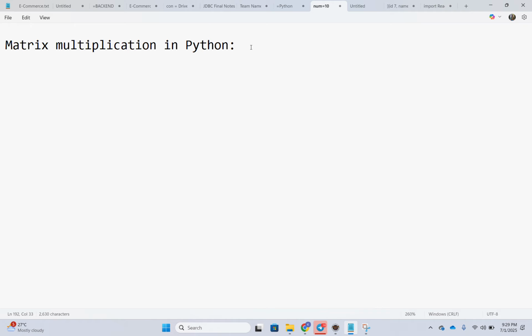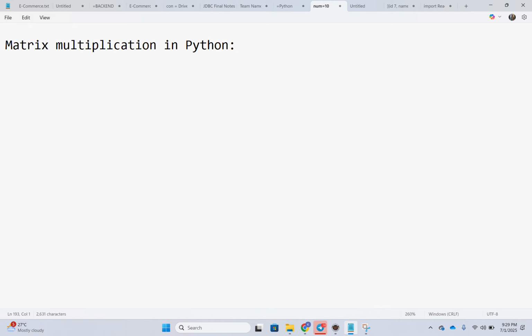In this video, I am going to discuss matrix multiplication in Python in a much easier way. We can perform matrix multiplication in, I think, three ways. I'm going to explain the general traditional way, and one more method using NumPy. You may not be aware of NumPy and pandas.